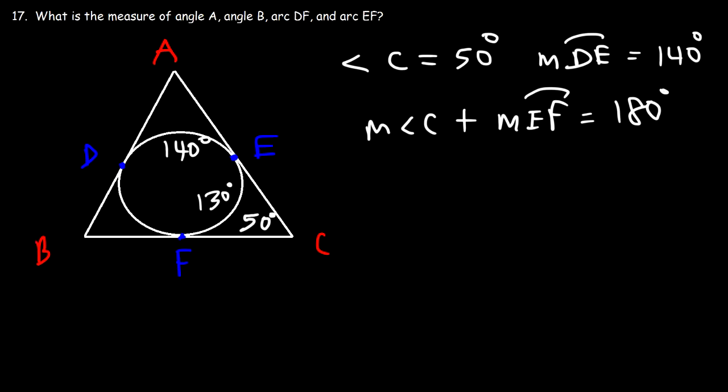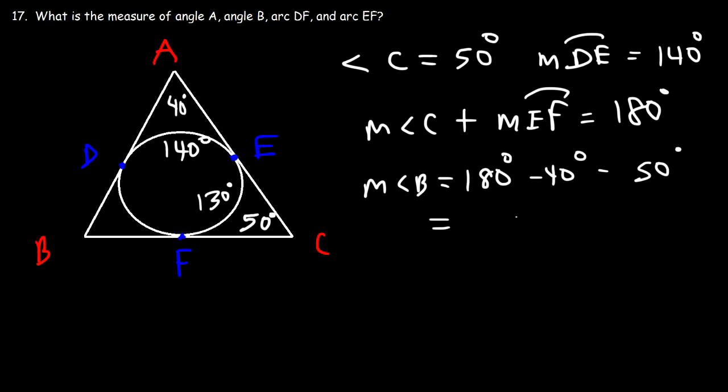To calculate angle A, it's going to be 180 minus arc DE. So 180 minus 140 is 40. And then to calculate angle B, we know that the three angles of a triangle has to add up to 180. So angle B is going to be 180 minus 40 minus 30. I mean, not 30, but 50.